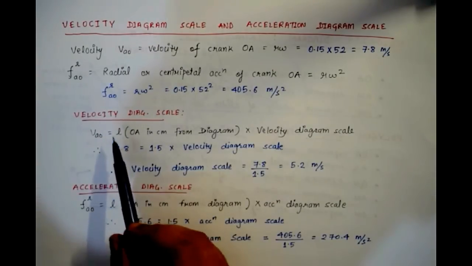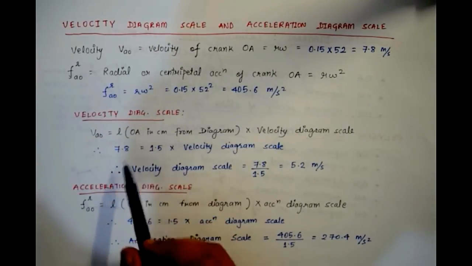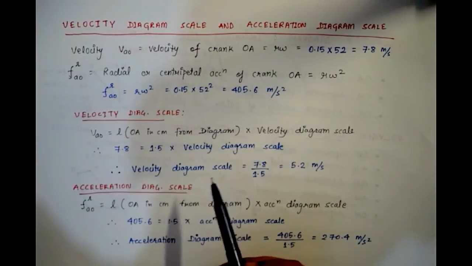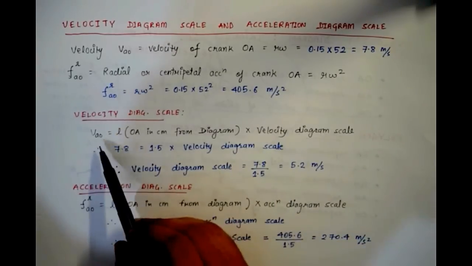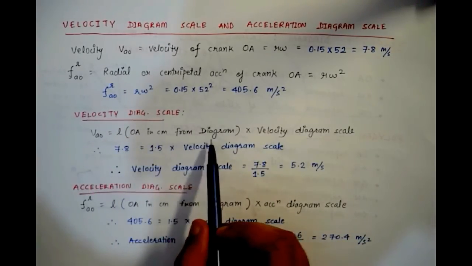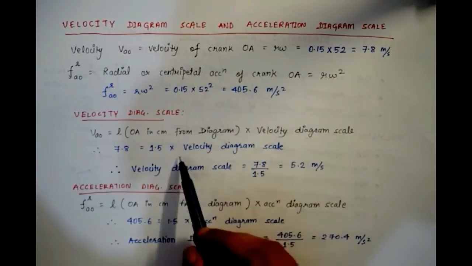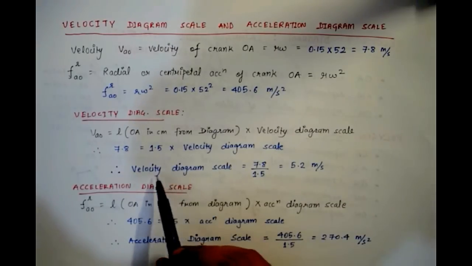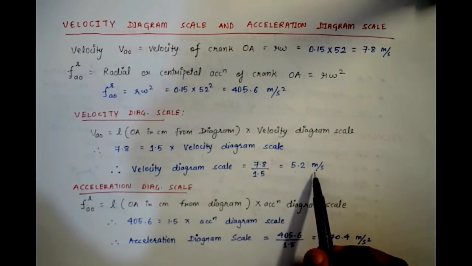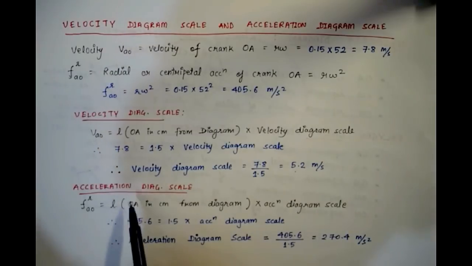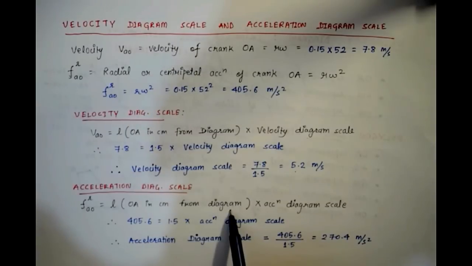Now we will calculate the velocity diagram scale. VA is equal to OA in centimeter from the diagram into the velocity diagram scale. From these values, the velocity diagram scale comes as 5.2 meter per second, and the acceleration diagram scale value will be calculated by this: FOA equals OA in centimeter from the diagram into the acceleration diagram scale.